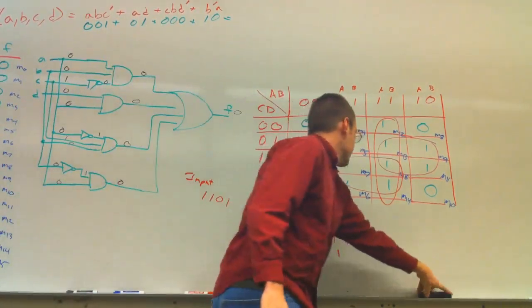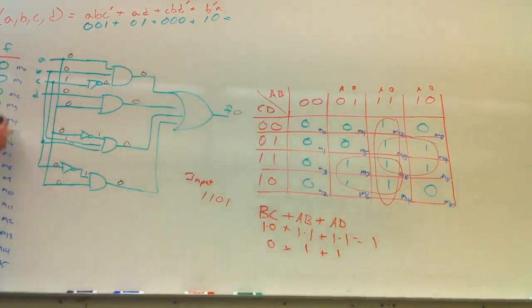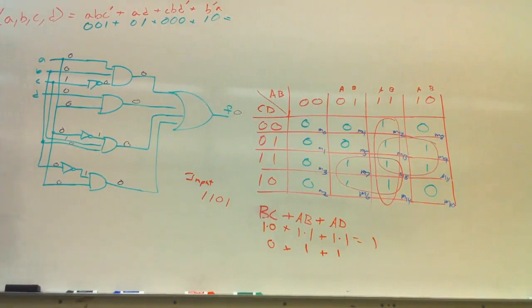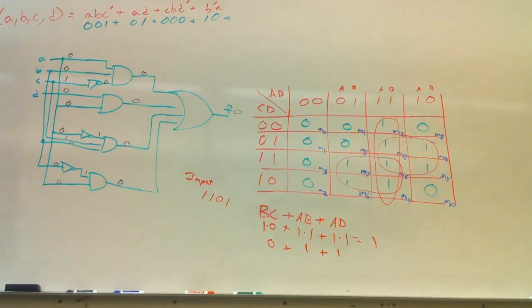So basically, this equation here reduced down to just basically my circuit now is this. Let me erase this. You're building the circuit for the input 1101?